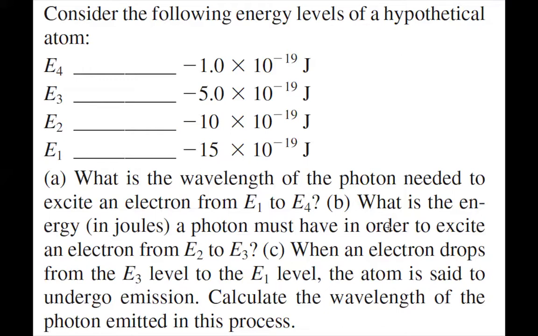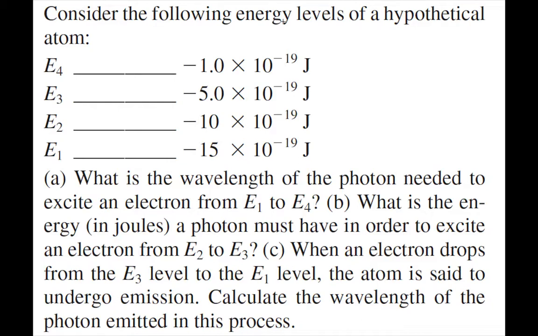And the energy on the 4th level will be minus 1 by 10 to the minus 19 joules. And remember, the energy is negative because we are talking about the bound state, okay? There is a bond between the electron and the nucleus.